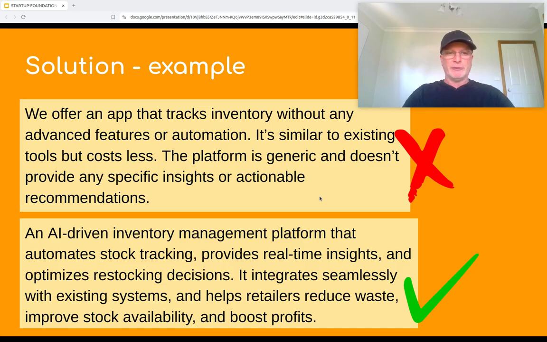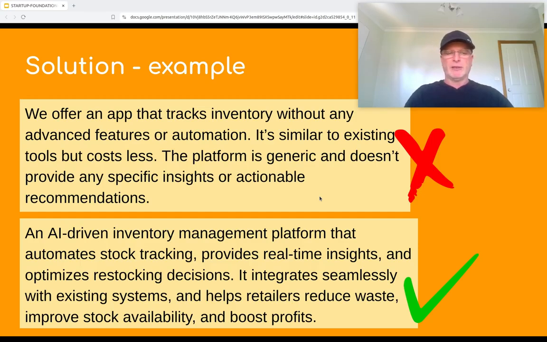Let's look at examples. We offer an app that tracks inventory without any advanced features or automation. It's similar to existing tools, but it costs less. The platform is generic, but doesn't provide any specific insights. It costs much less. That's not a good solution. Price is never a good value proposition.